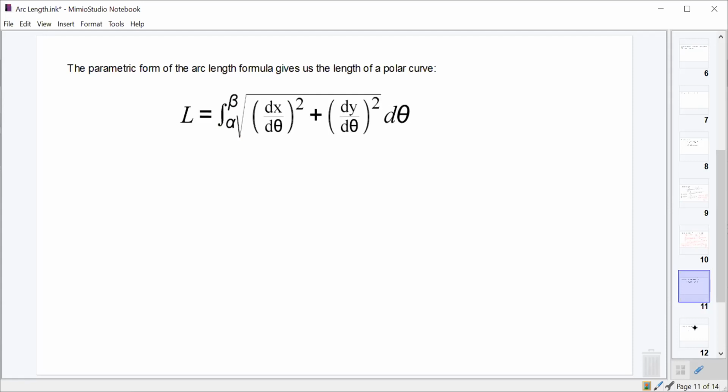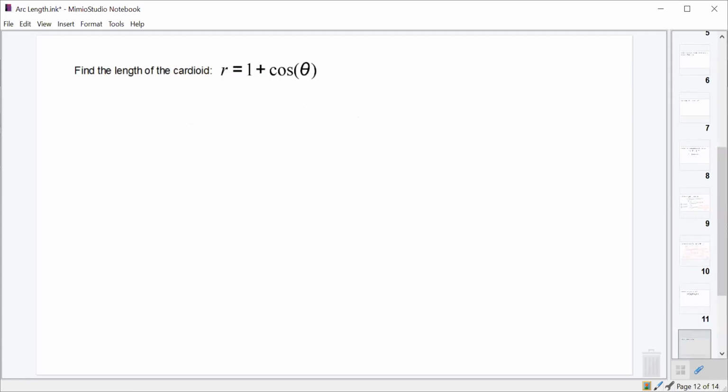So let's do one of these. Let's see if we can find the length of this cardioid, r equals 1 plus cosine theta. So what do we need to do? First, we need to find an x.